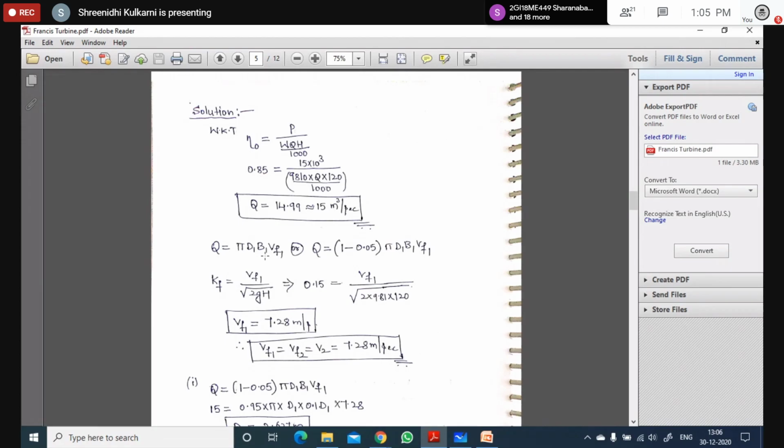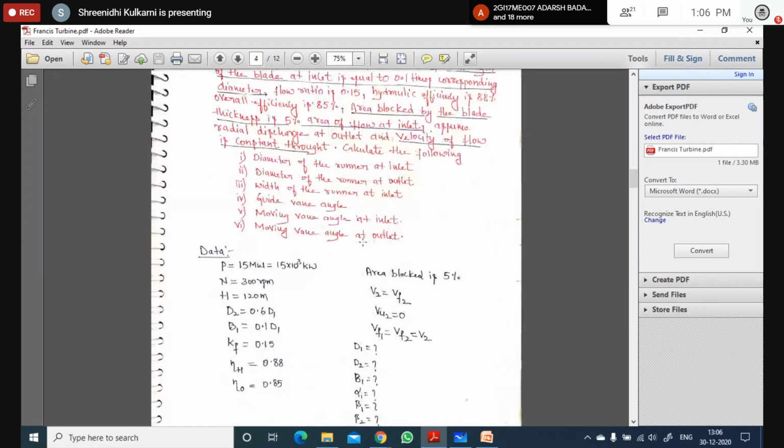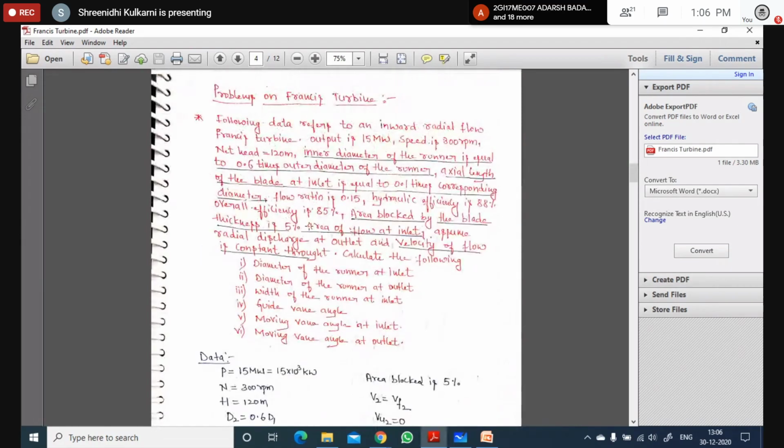In this equation I considered the area blocked, because clearly here they mentioned area blocked by the blade thickness is 5% area of flow at inlet.